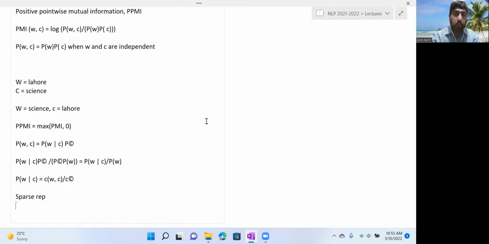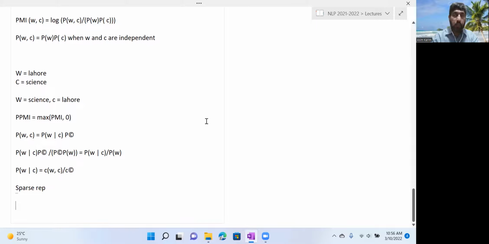And that meaning, as I said, can be controlled somewhat, though not in a black and white fashion, between syntactic information and semantic information by varying the size of the window. And then, of course, we can use cosine to determine the similarity between two words. So, okay, that was some sparse representations.